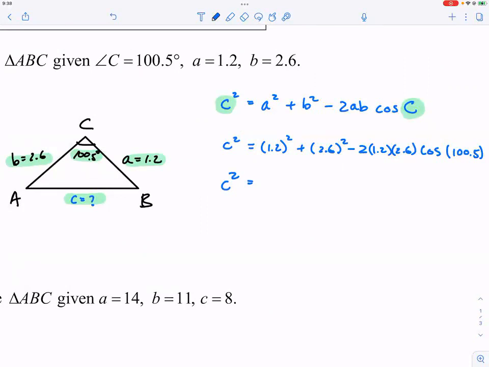And make sure you are looking at your screen while you're typing to make sure that you don't have any typo. So you should have something like 9.337 for C squared, and C would be 3.056.